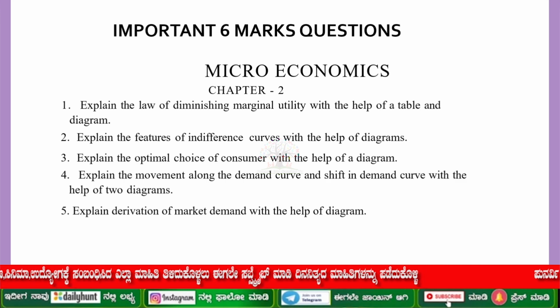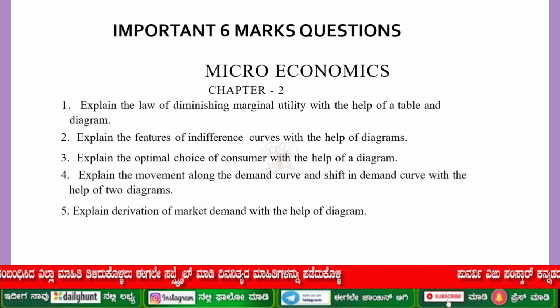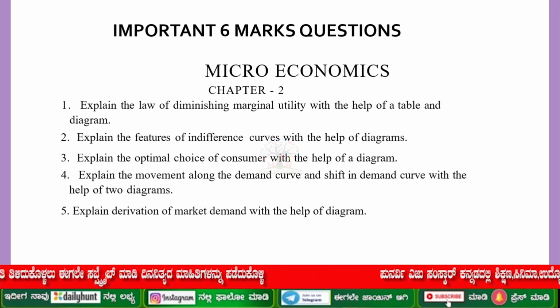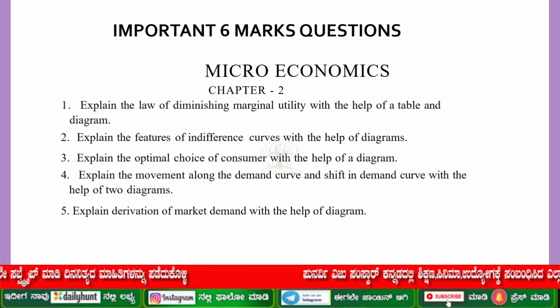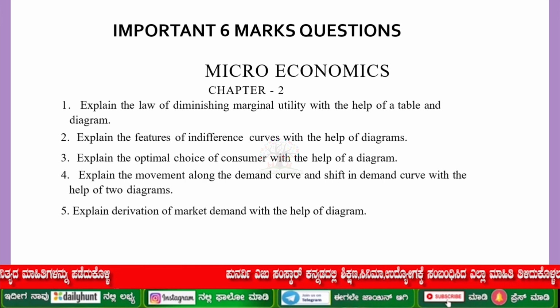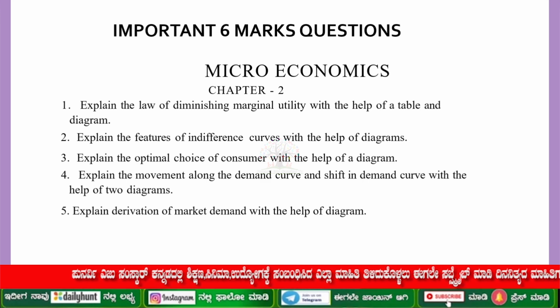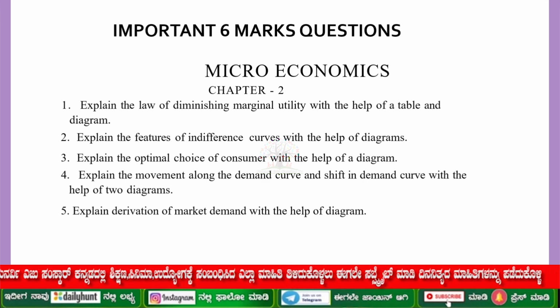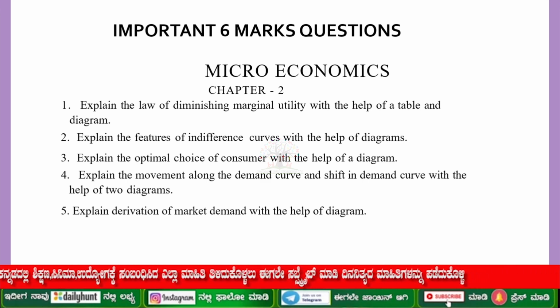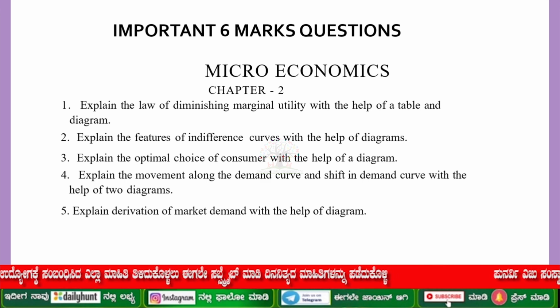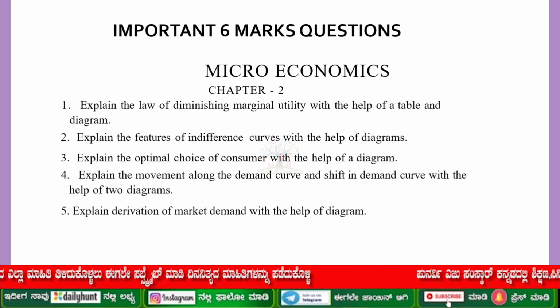If we consider microeconomics, from the second chapter they are going to ask one 6 mark question. From this chapter, there are 5 important questions which you need to prepare. Out of these 5 questions, you will answer one in the exam.